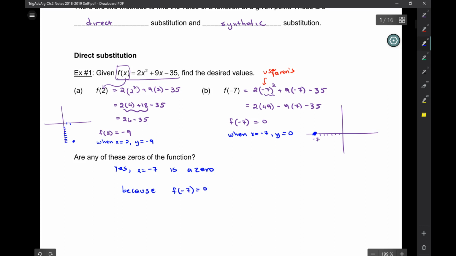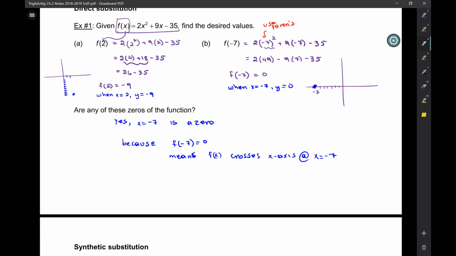This means f of x crosses the x-axis at x equals negative 7. So we learned a couple things about zeros. A zero is an x-intercept. It's where the graph crosses the x-axis. And the y value at this point is 0. That's why it's called 0.